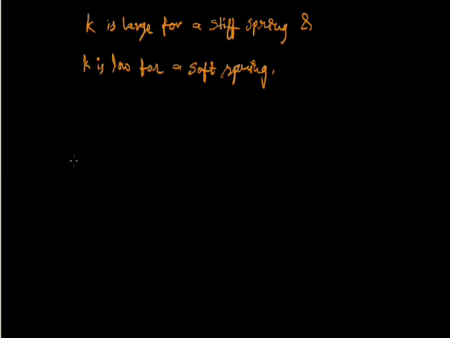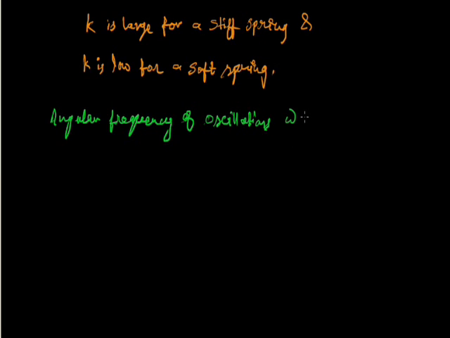In the above relation of the force, the angular frequency of the oscillation omega is given by square root of k upon m, and since omega is denoted as 2 pi upon T, we can write it here.